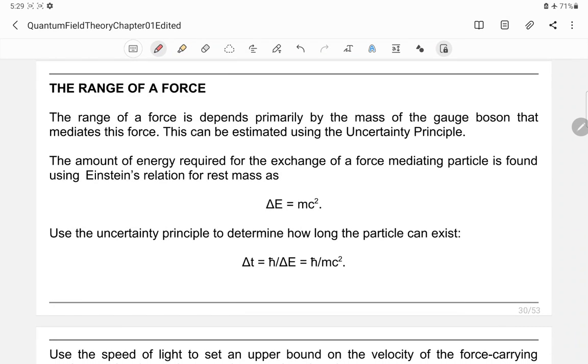The range of a force can be estimated. It depends primarily on the mass of the gauge boson that mediates the force.